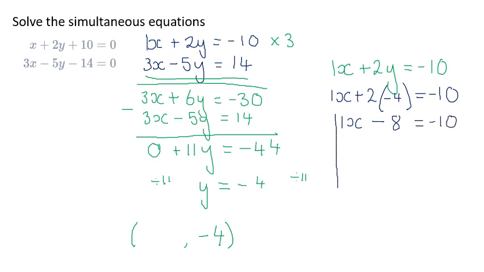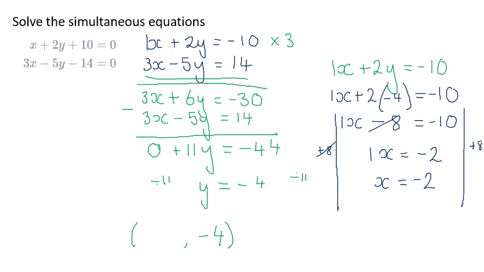So now I've got a normal linear equation, which I need to use stabilizers on. So I need to get rid of the take away 8, so I can add 8 to both sides. They're opposite each other, so cancel each other out. So I get 1x equals negative 10, add 8 is negative 2. And 1x equals negative 2 is the same as x equals negative 2.